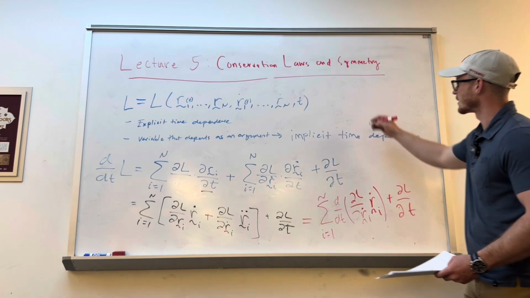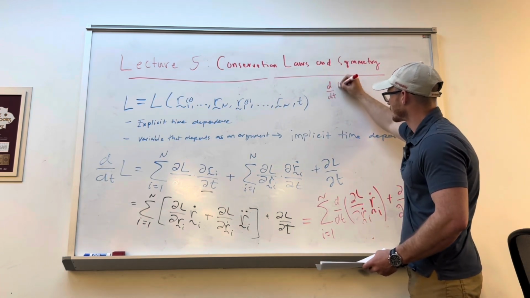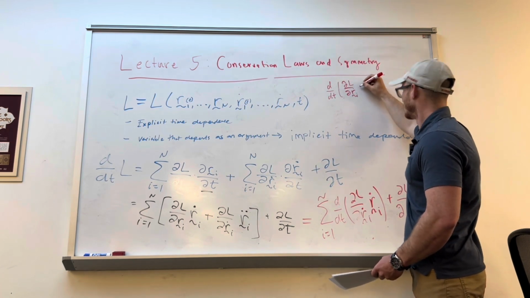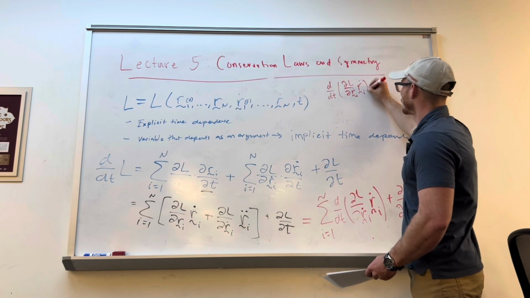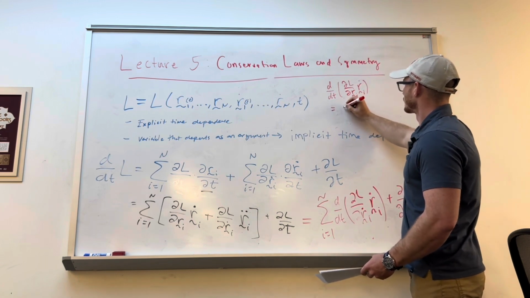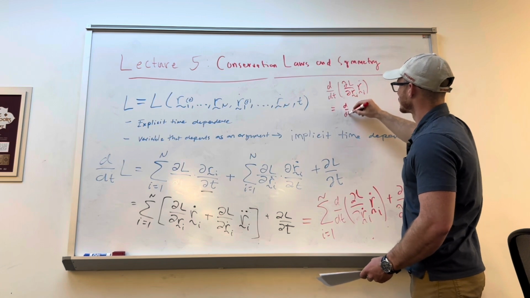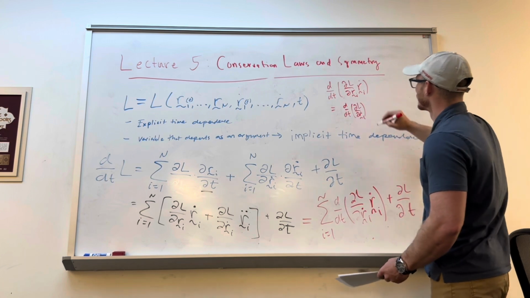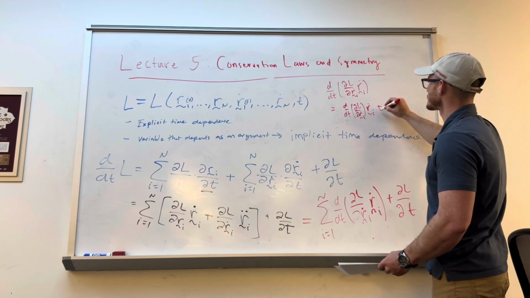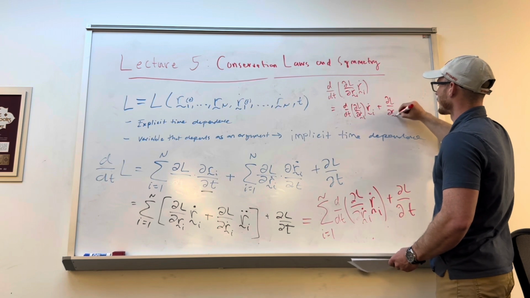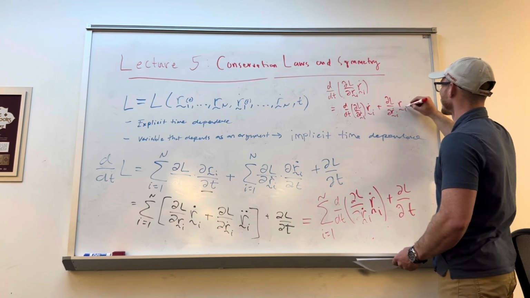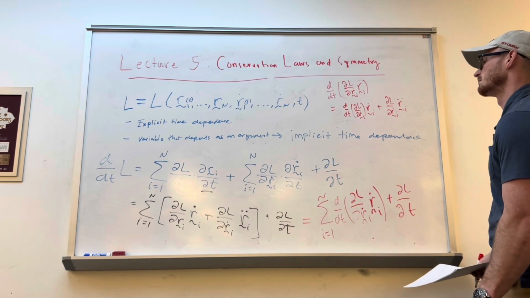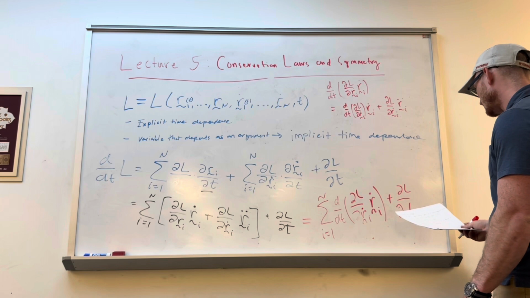All right, let's check ourselves. d dt of partial L partial ri dot times ri dot, well, that's just going to give you d dt partial L partial ri dot times ri dot plus partial L partial ri dot times ri double dot. Does this look like that equation?